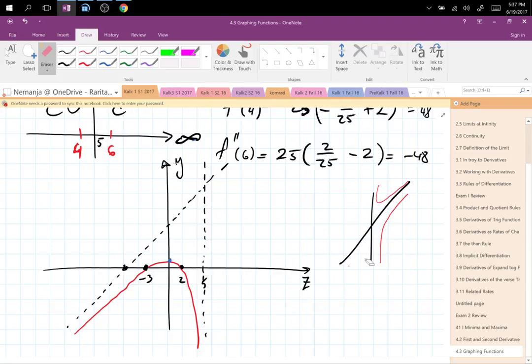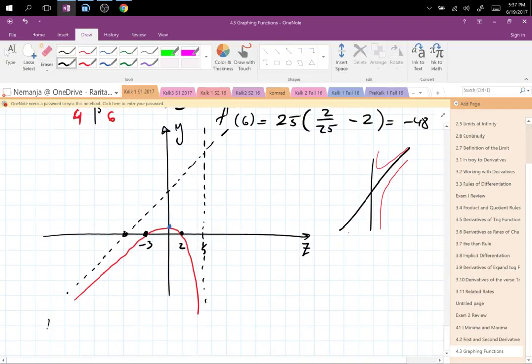If it's underneath, you draw this piece. If it's above the asymptote, you draw the other piece. So I'm going to compute the additional point for the first time, and the additional point is f of 6. I'm doing that just because I'm lazy, because I could do the critical point and figure out the value for it and use that. But f of 6 will work as well.